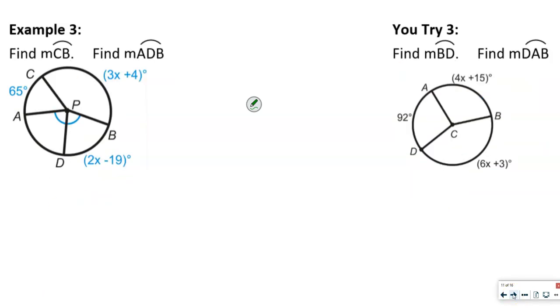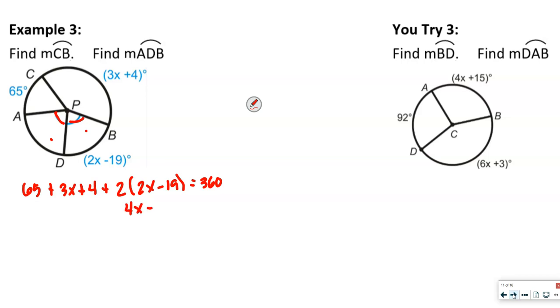Okay, so now these next two are a little different because they have equations. So all we need to know here is that a circle adds up to be 360 degrees, right? So we're going to add the 65 plus the 3x plus 4, and then don't we have two of these right here? We have two of these. You see them? They're the same. So I'm going to do plus 2 times (2x minus 19), and I'm going to set all of that equal to 360. So 3x, okay, let's go ahead and simplify this.